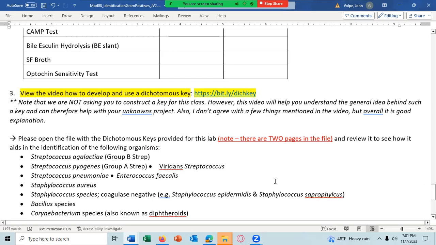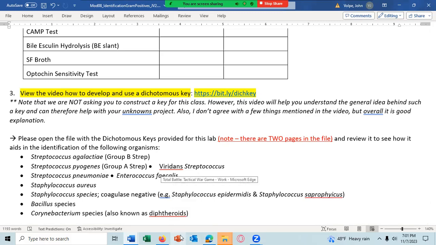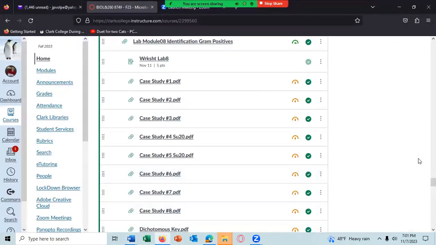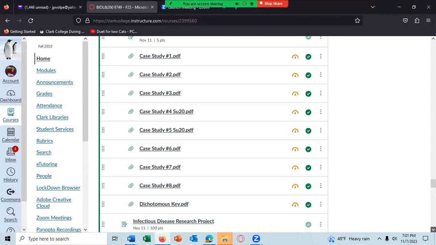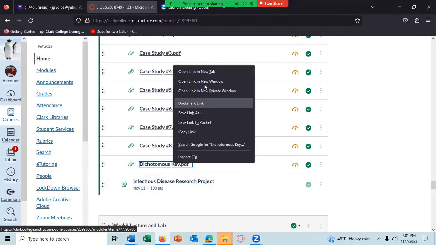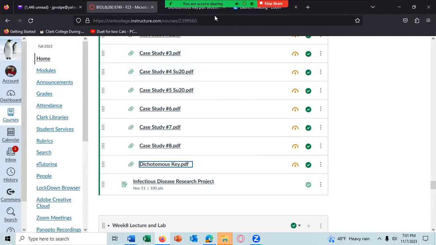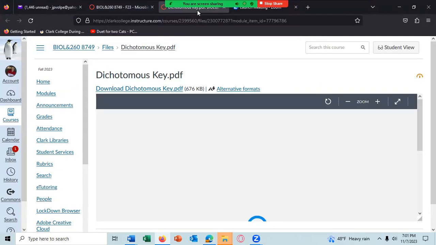All right, please open the file, dichotomous key, and note that that key has 2 pages in the file. Let me go do that now. Hopefully I can click on that.